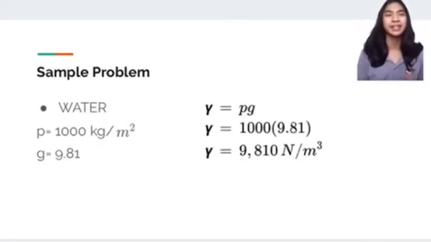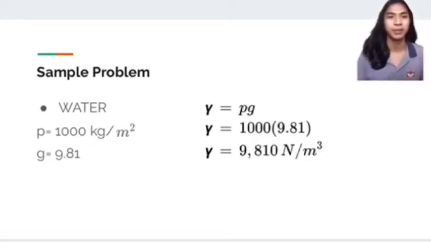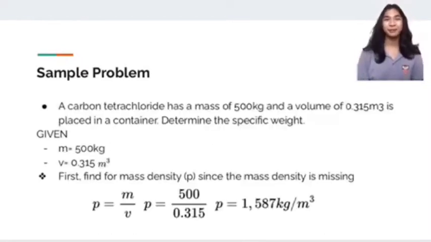Water has a density of 1000 kg per cubic meter and the gravity is 9.81, which is the constant value of gravity. So gamma equals rho g, substitute rho with 1000 and g with 9.81, we get 9,810 Newton per cubic meter.